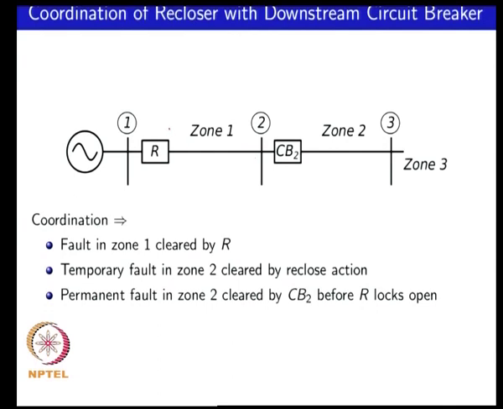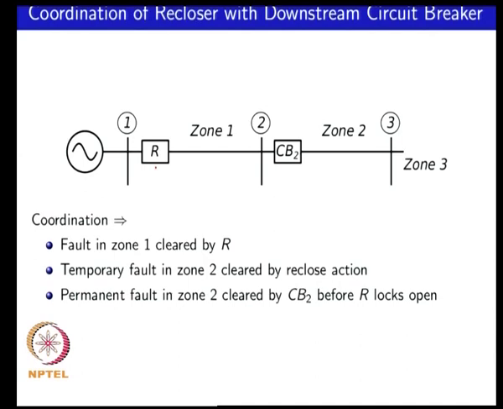So, if you look at then what the logic in the recloser is, if the current in the recloser goes above some particular threshold value, it will open. Okay. So, once it opens, the current goes down to 0, it will wait for some duration and then it will close again. Okay.